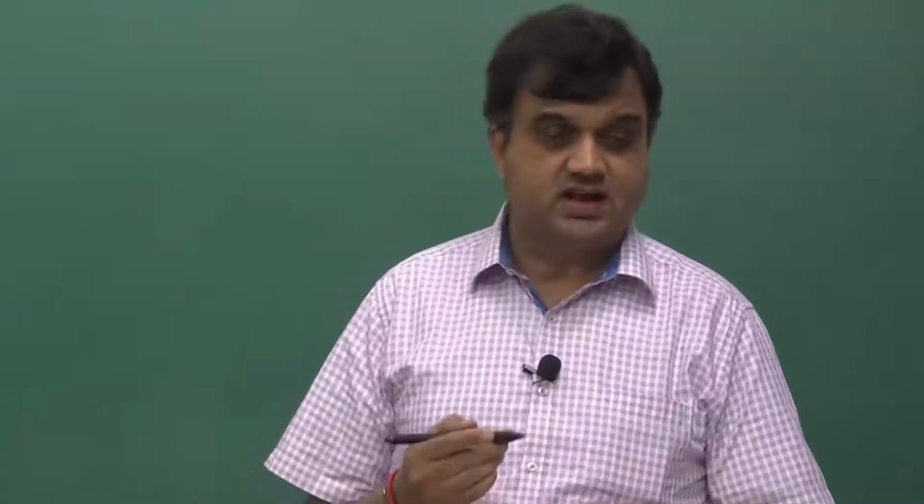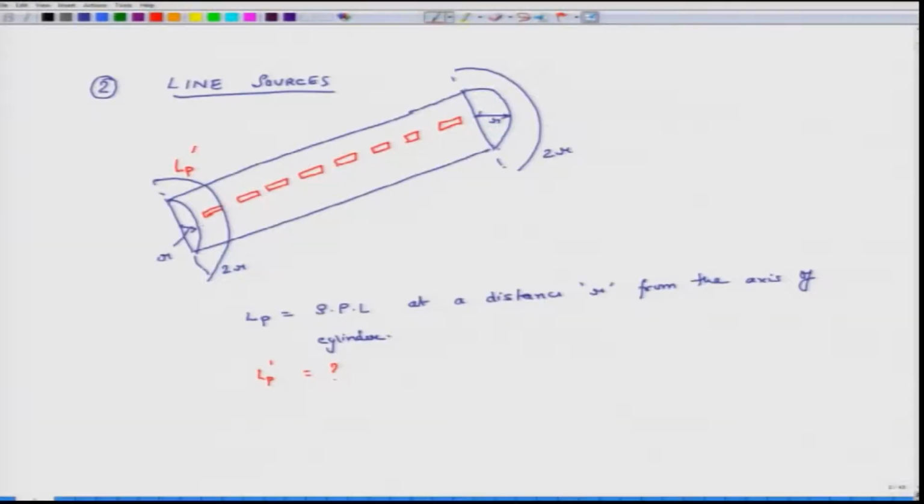In a spherical system, you know that it falls by 6 decibels. In this case, if you use principles of energy, the energy flowing across a cylindrical surface of radius r will be the same as that which flows across a cylindrical surface of radius 2r.